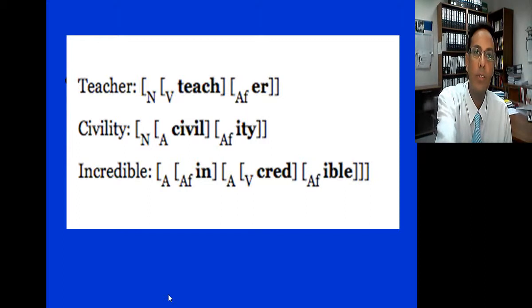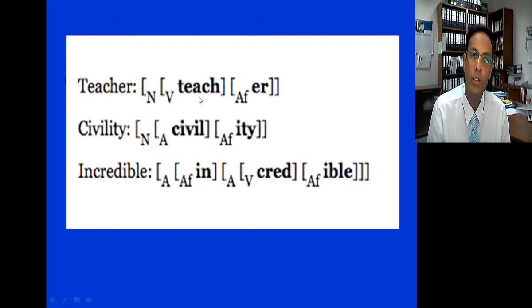Teacher. Here you see teach, the original word, the root, which is a verb. So we put brackets here and write V at the end of the bracket on the left. When we put the affix -er, this is one verb plus affix.